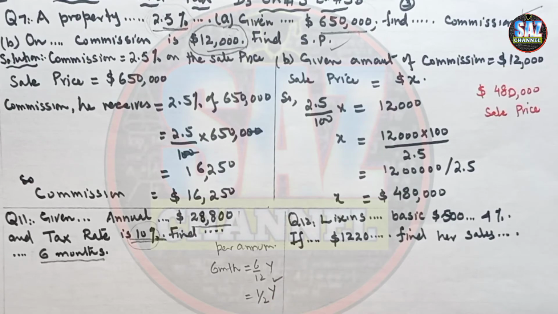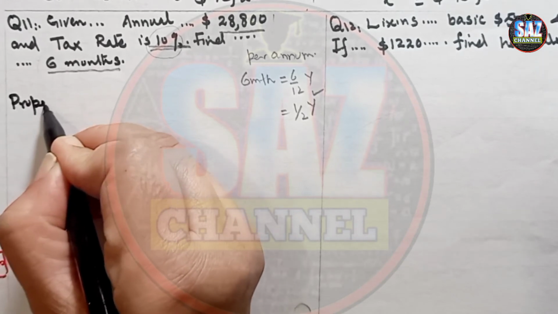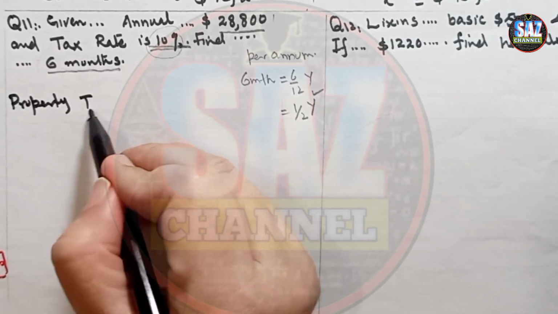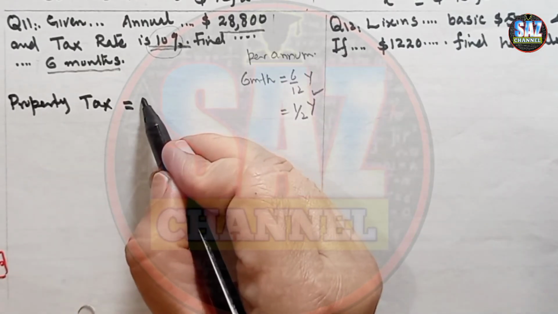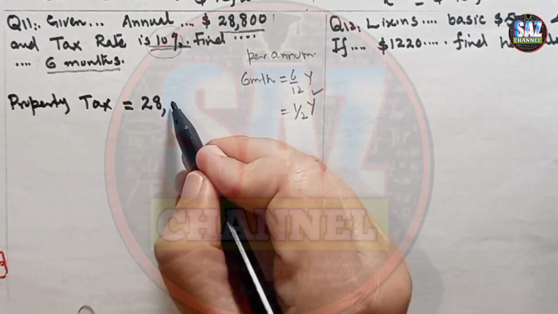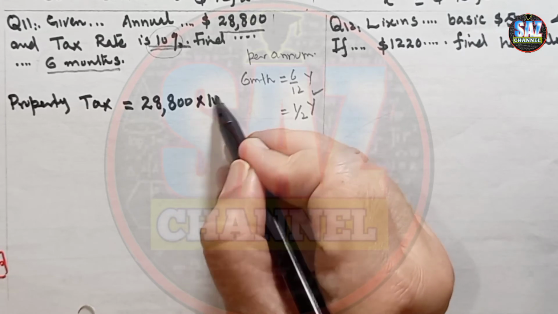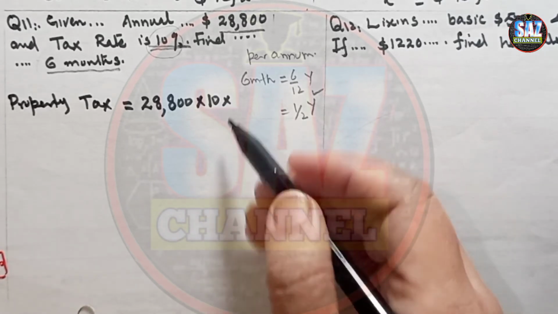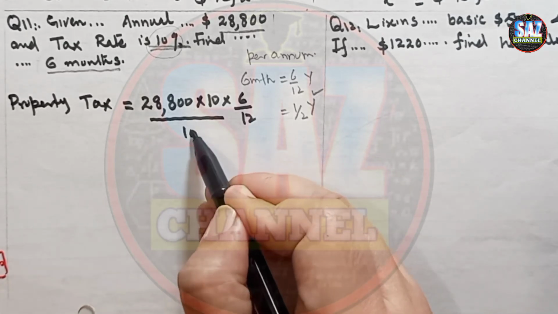Now I hope you are clear about this. Then we have to find the property tax payable for 6 months. So property tax payable will be equal to the principal amount 28,800 multiplied by rate 10, time 6 by 12, upon 100.